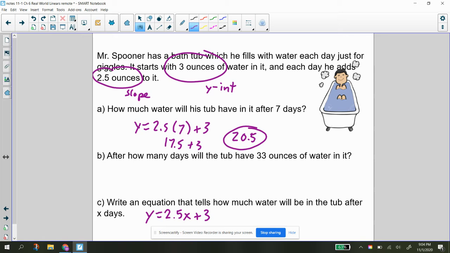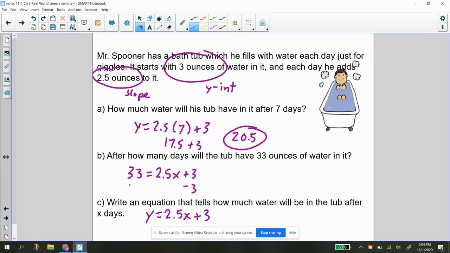If you want to figure out how long it'll take to get to 33 ounces, well, you could set that equal to your y. So I could say 33 ounces, because that's going to be how much total water I have, equals 2.5x plus 3. X is what we're solving for here.